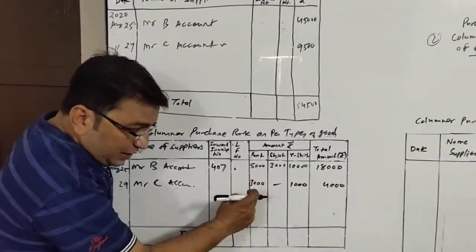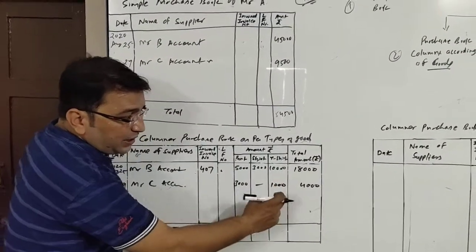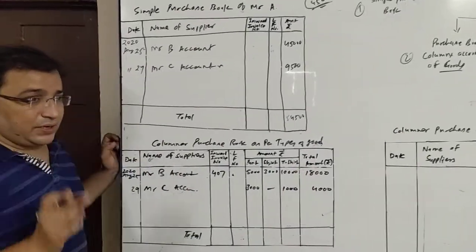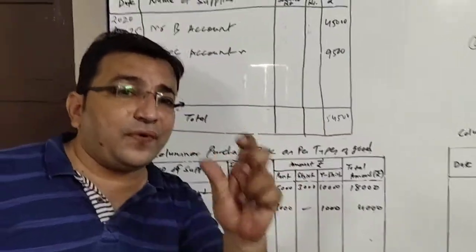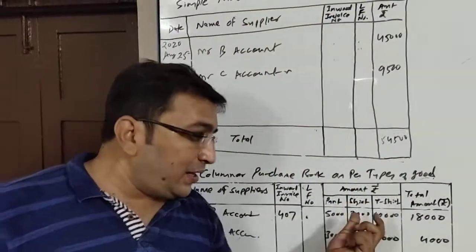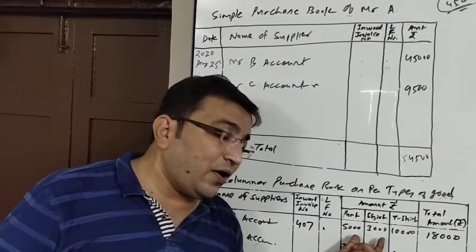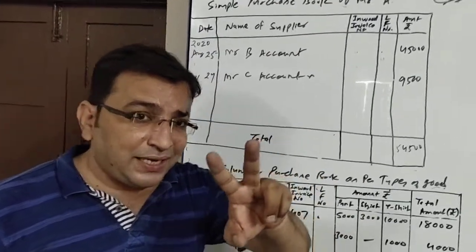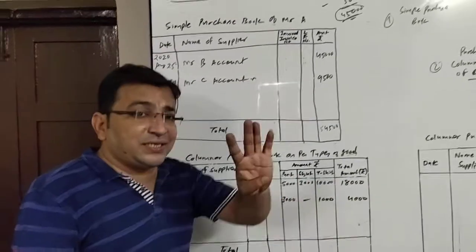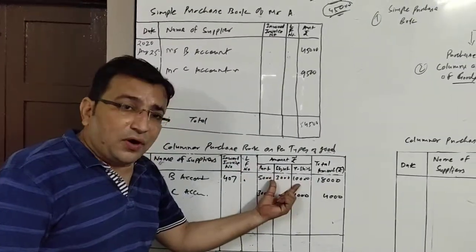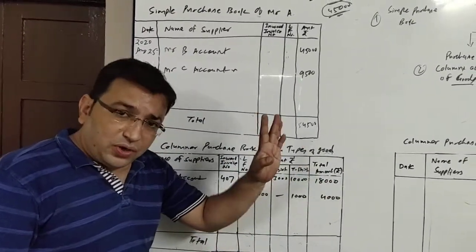So 3,000 for pant and 1,000 for t-shirt, and the total is 4,000. So the amount columns will depend on the number of products. Here there are three products, so 3 columns. Suppose a person is dealing in 2 products, then 2 columns will come, and then total. And suppose he is dealing in 4 products, then 4 columns will come, and then total.